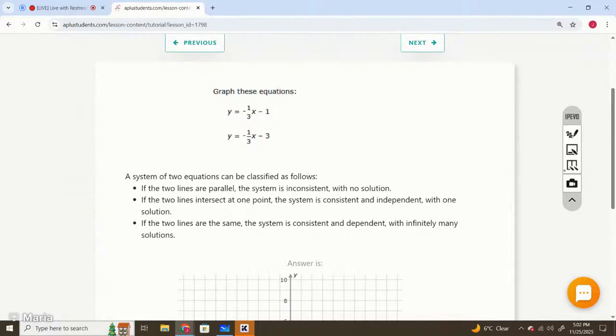A system of equations can be classified as follows. If the two lines are parallel, the system is inconsistent with no solution. If the two lines intersect at one point, the system is consistent and independent with one solution.